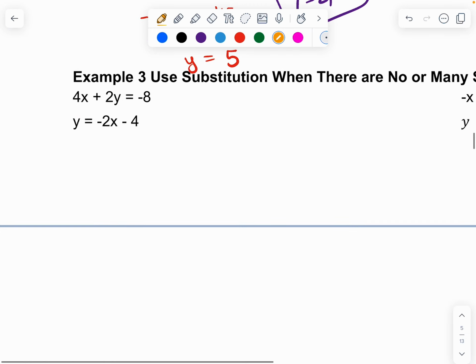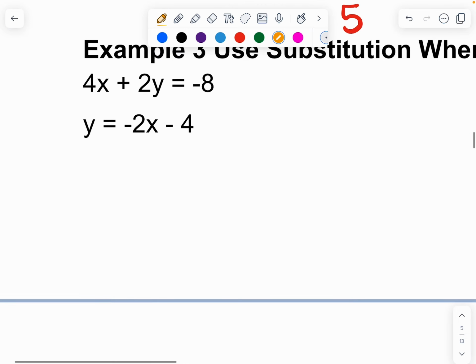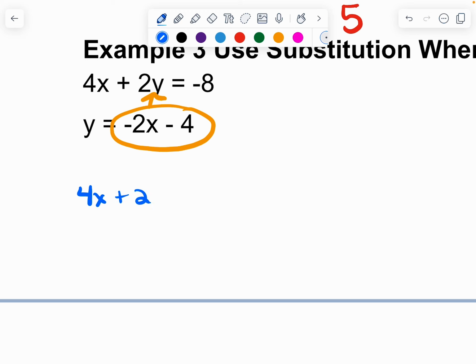Okay, so now here, doing the same thing. Taking this and replacing the y value. So I've got 4x plus 2 multiplied by negative 2x minus 4 equals negative 8. I was supposed to write that in negative, like so. So I multiply that through. 4x minus 8 equals negative 8.